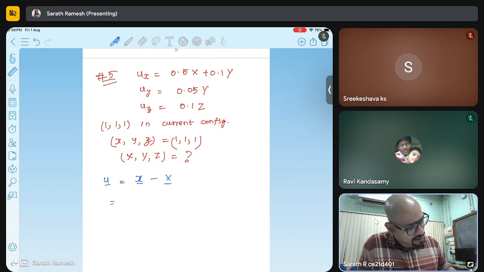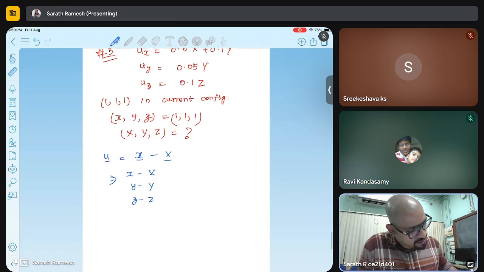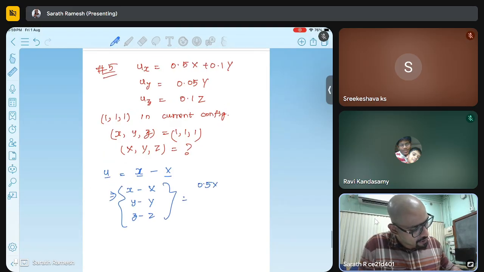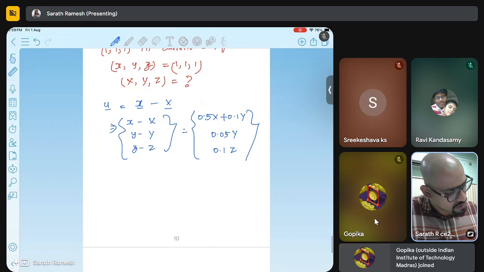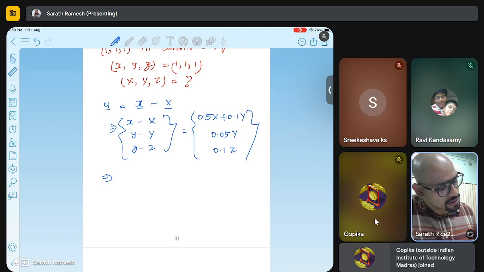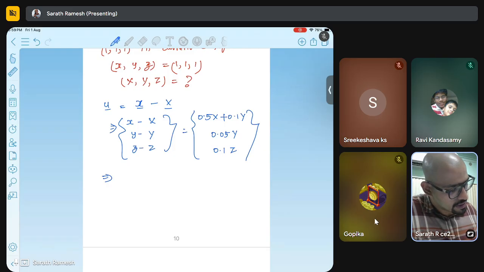So x minus capital X, y minus capital Y, z minus capital Z is equal to 0.05 capital X plus 0.1 capital Y, 0.05 capital Y, 0.1 capital Z. Let's take these equations one by one.